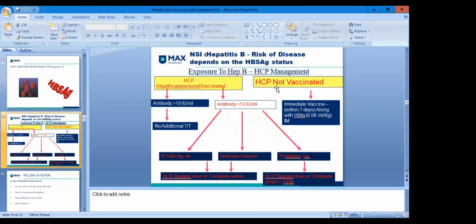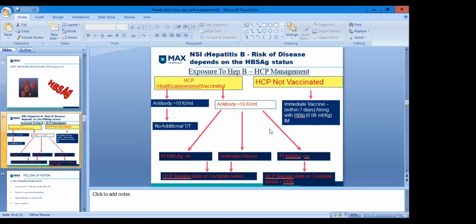If the staff is not vaccinated, we should give immediate vaccination along with human immunoglobulin, that is 0.6 milliliter per kg. If the titer is less than 10 international units and the source patient was hepatitis negative, we give a booster dose of hepatitis B. If there is an unknown source and the titers are also less than 10, we again give booster doses.